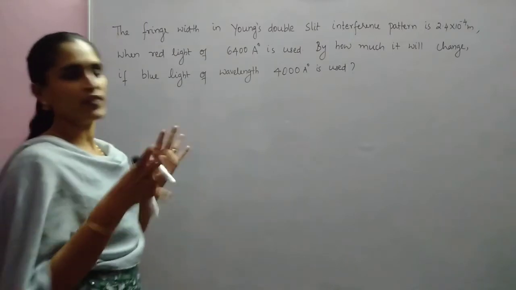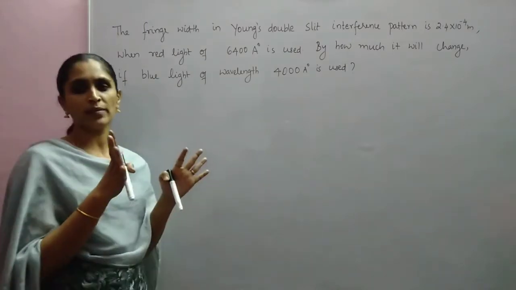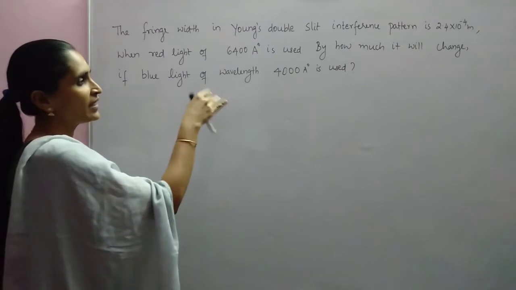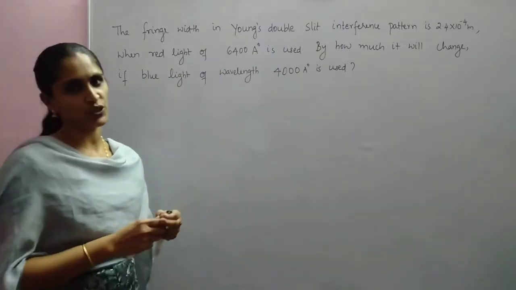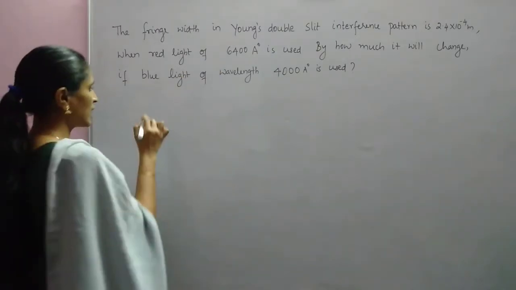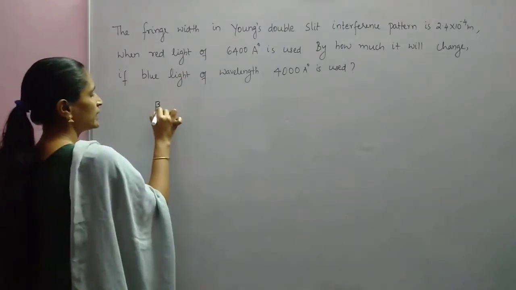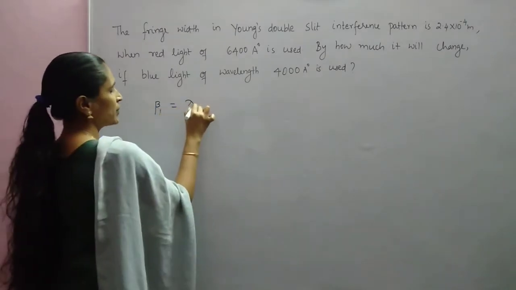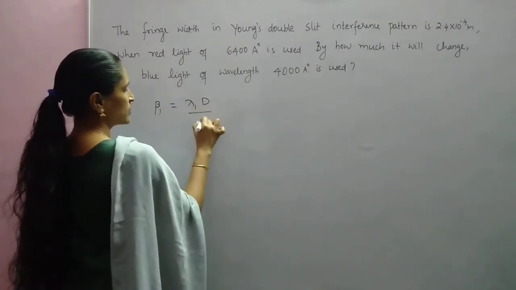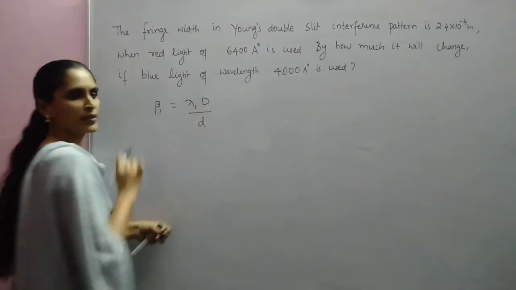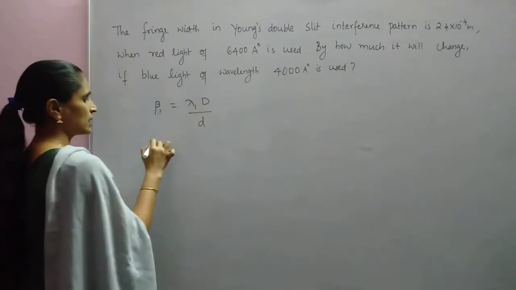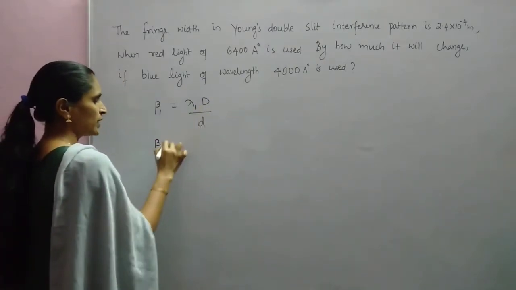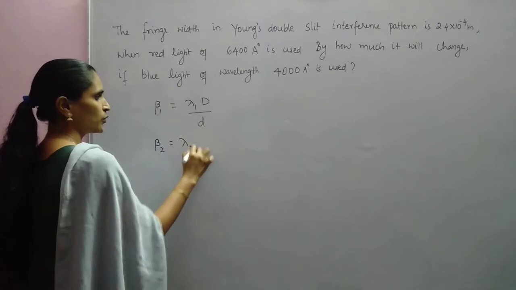So here we can assume that all other parameters remain the same because it is only given that the wavelength of light changed. Okay. So in the first case we can write fringe width beta 1 is equal to lambda 1 into capital D by small d. Capital D and small d remain the same in both cases, and beta 2 is equal to lambda 2 capital D by small d.